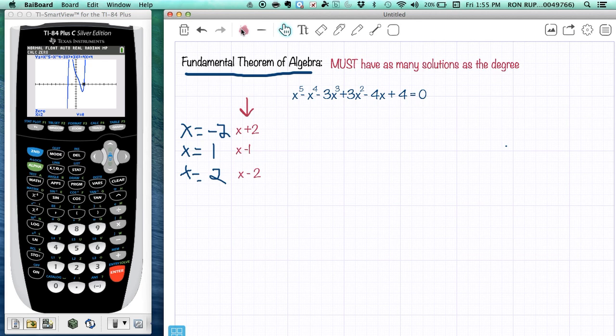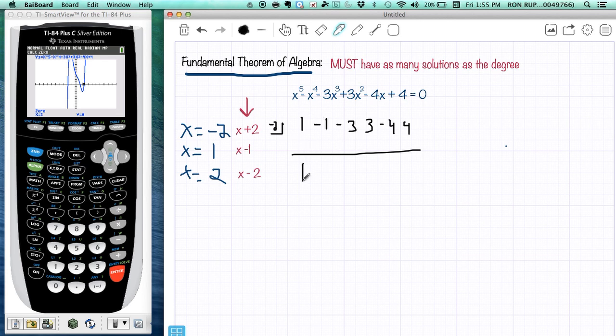So I'm going to write all the coefficients for synthetic division: 1, negative 1, negative 3, 3, negative 4, and 4. I don't have to add anything because it goes 5, 4, 3, 2, 1, 0. So I'm going to first divide synthetically by negative 2.